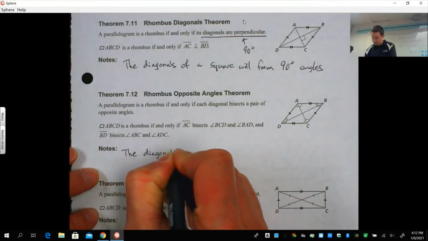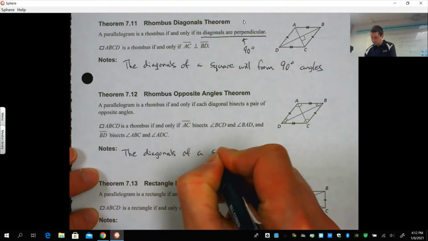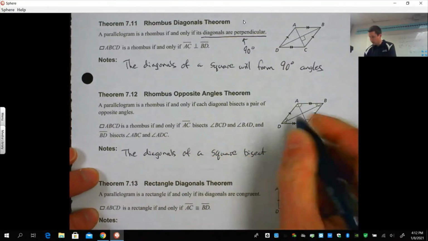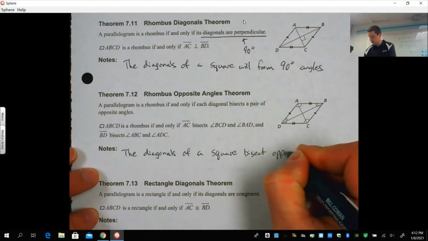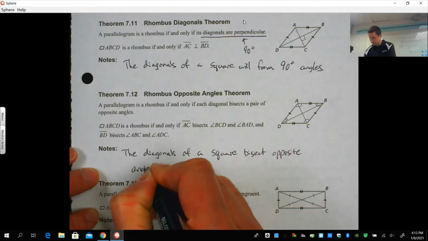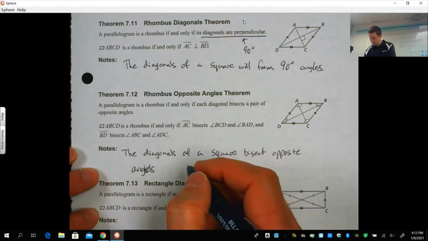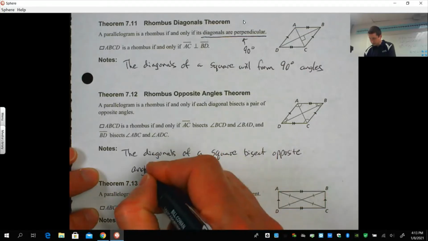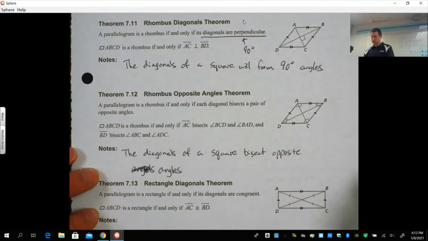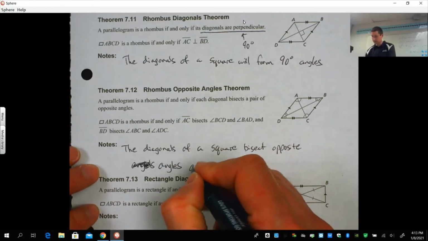So we can say the diagonals of a square bisect opposite angles. Oops, I spelled angles wrong. Diagonals of a square bisect opposite angles.